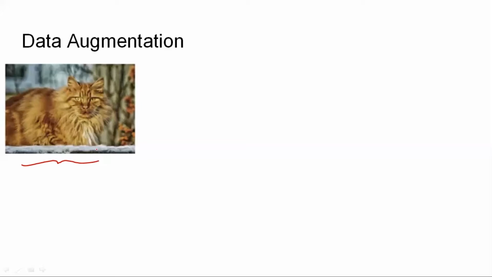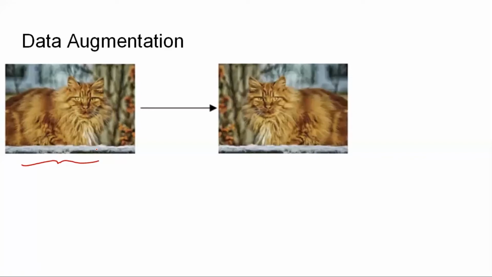Okay, so what can I do here for your understanding? I am performing a very basic operation here: I am flipping this image, left to right and right to left. So what will happen if I flip this image from left to right? This is the new image that is obtained.